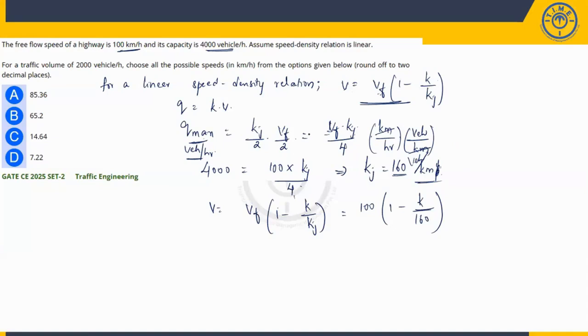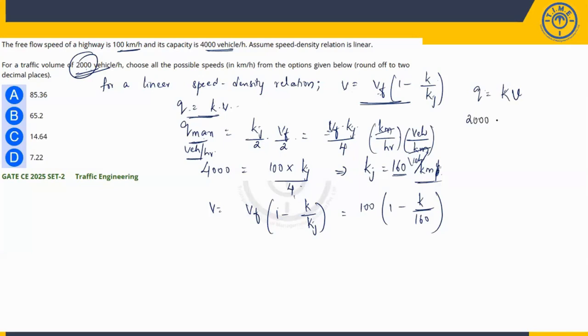And how do we get K? We also know from this linear speed density model, Q is equal to Kv. And at a traffic volume of 2000 vehicles per hour, what is K? Q is equal to Kv.